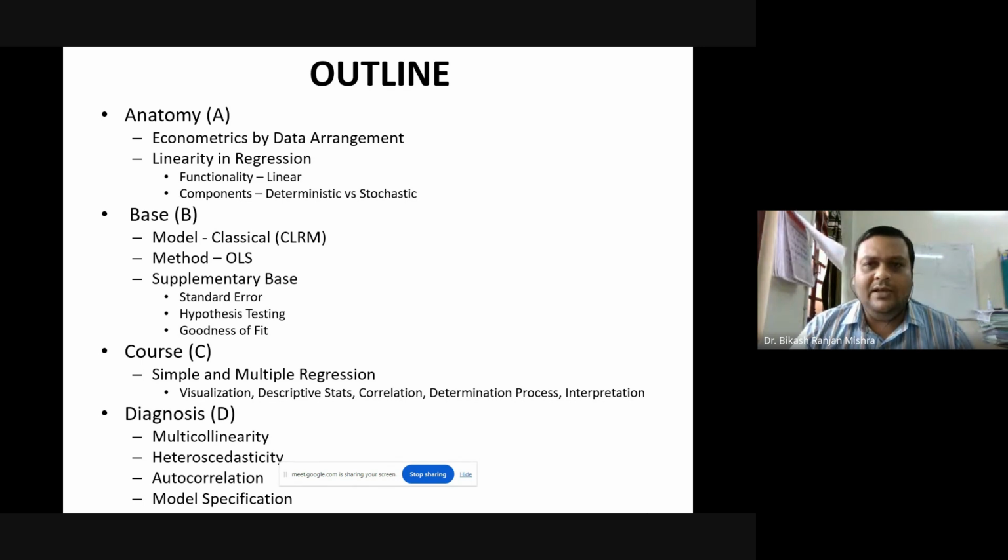Then on that basis, we'll diagnose them. And diagnosis may give rise to certain type of problems or errors, and accordingly we'll be discussing them one after another. So covering multicollinearity, autocorrelation, heteroscedasticity, and something called model specification. These are the four important parts that I'm going to cover now.